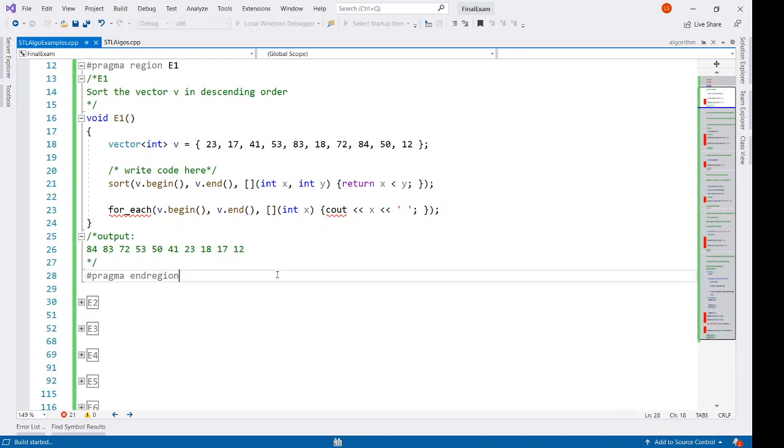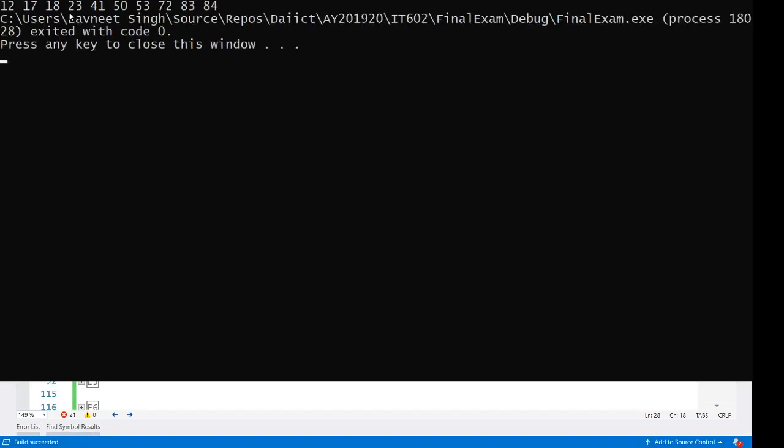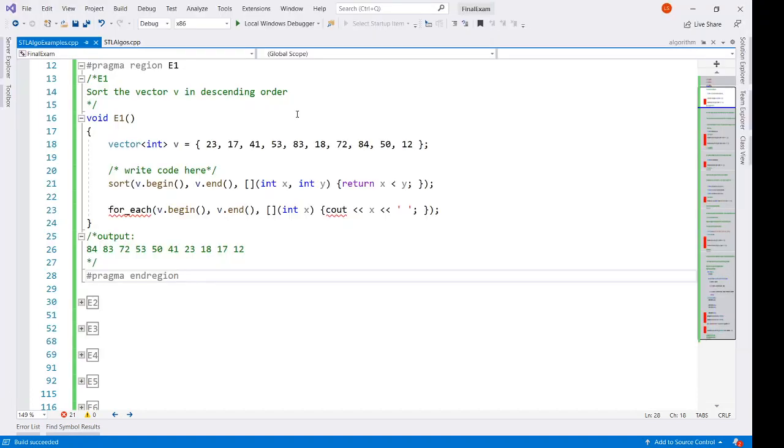So the output should be the same, right? So that means now to achieve our objective of sorting it in descending order, all we need to do is change the sign so that it returns true if x is more than y, right?